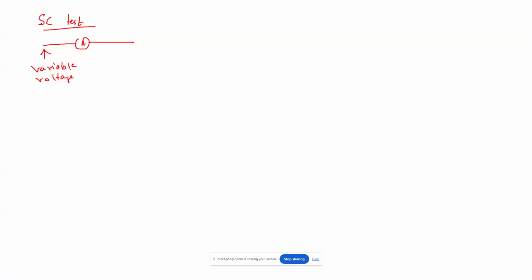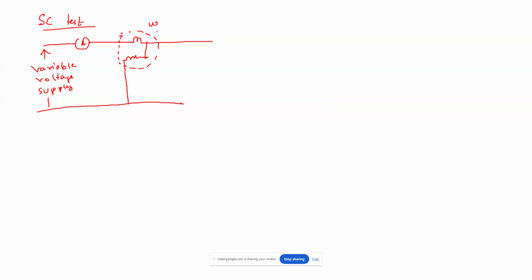So this is the variable voltage supply. Then you have a wattmeter. So you have a current coil and then you have a wattmeter like this. So this is the wattmeter.